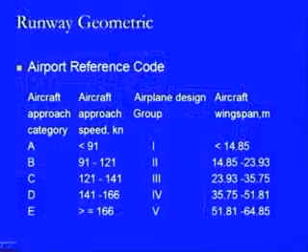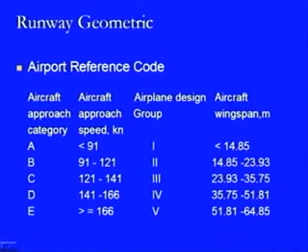Then finally for E category, the final fifth category, the approach speed is greater than or equal to 166 kiloknots, the design group is fifth, and the wingspan is 51.81 to 64.85 meters.